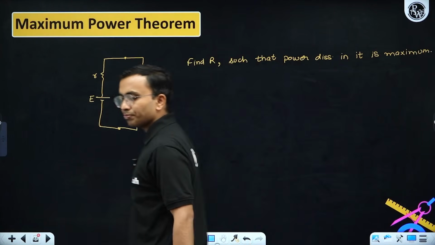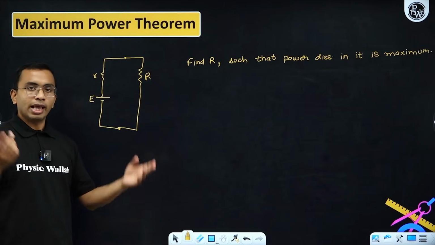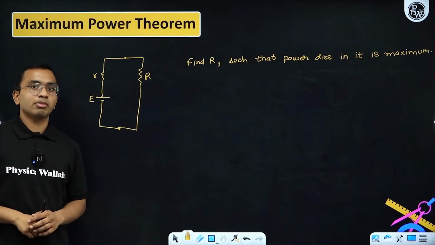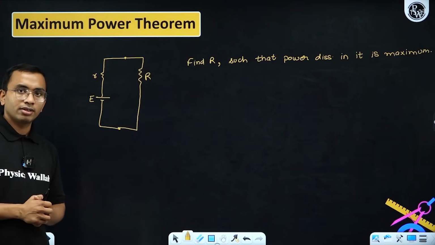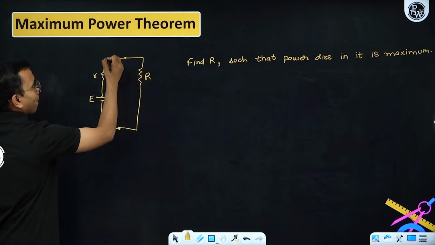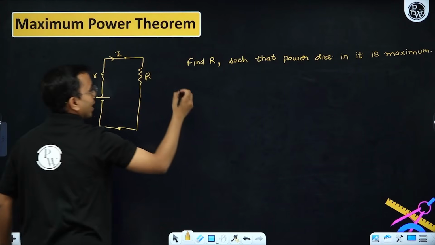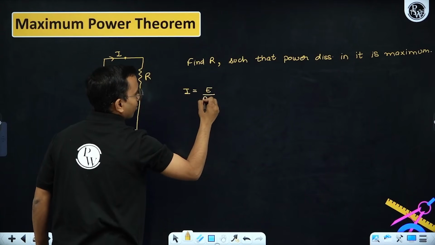How will you do it? Considering R to be variable, write the power dissipated across R and then see the conditions for that to be maximum. Okay, try to write the equation. You are writing? Okay, let me help you. Let us take the current as I. So I, the current, is equal to my EMF divided by R plus r.